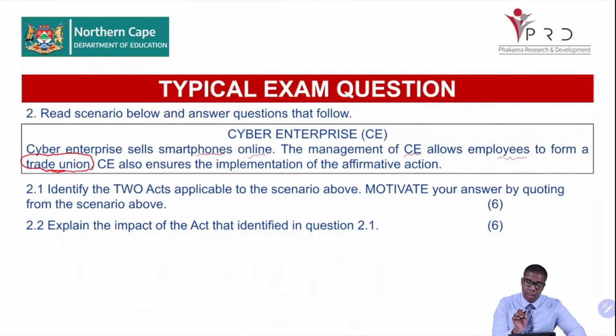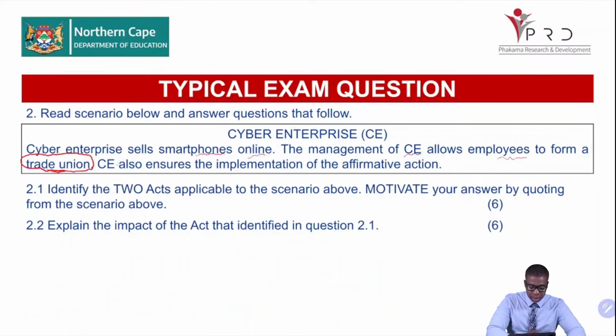With business studies, it's very, very important that you identify the keywords that would apply to each act, because the keywords would help you to determine which act is applicable in a scenario. Because in your section B, there are a lot of scenarios.